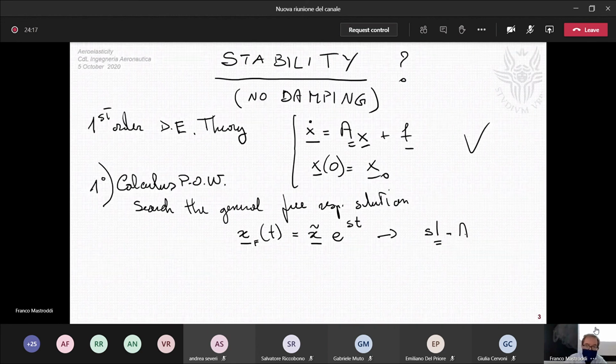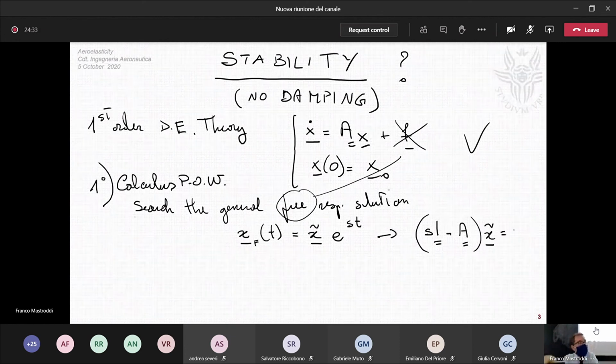We are considering the free solution, and free means cancelling the forcing term. How can you find a non-trivial solution? This implies necessarily that the determinant of sI minus A be equal to 0.